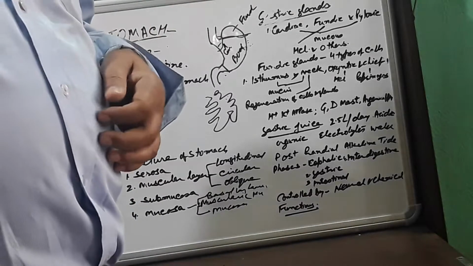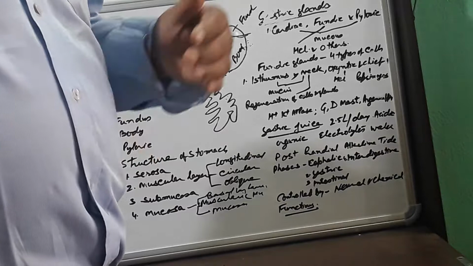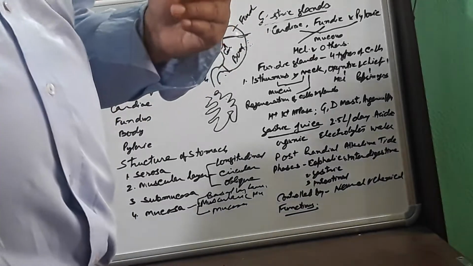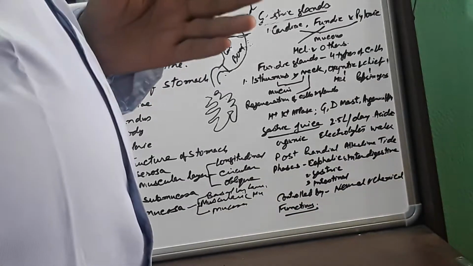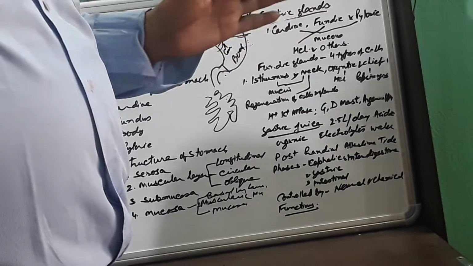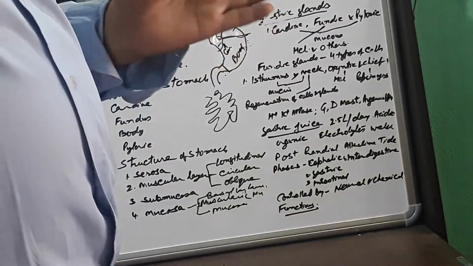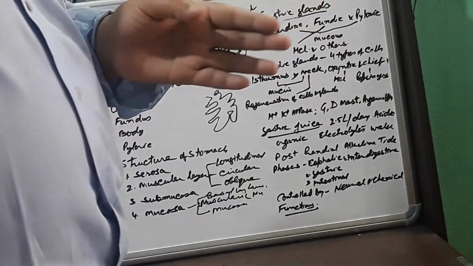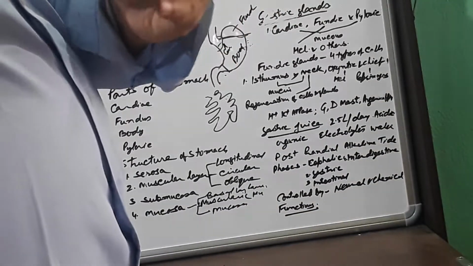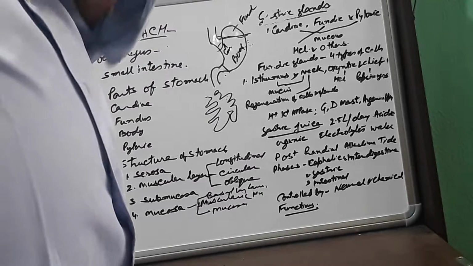Now, postprandial alkaline tide. What is postprandial alkaline tide? During secretion of hydrochloric acid, chloride ion replaces bicarbonate ion. HCO3 comes out of the cell into the bloodstream, and chloride ion goes inside the cell, and then into the canaliculi of the oxyntic cell. From there they form hydrochloric acid.